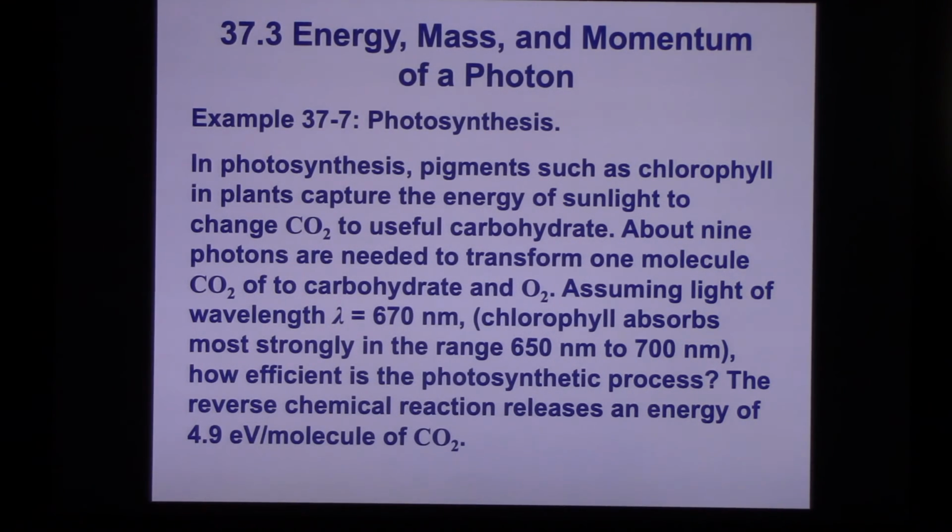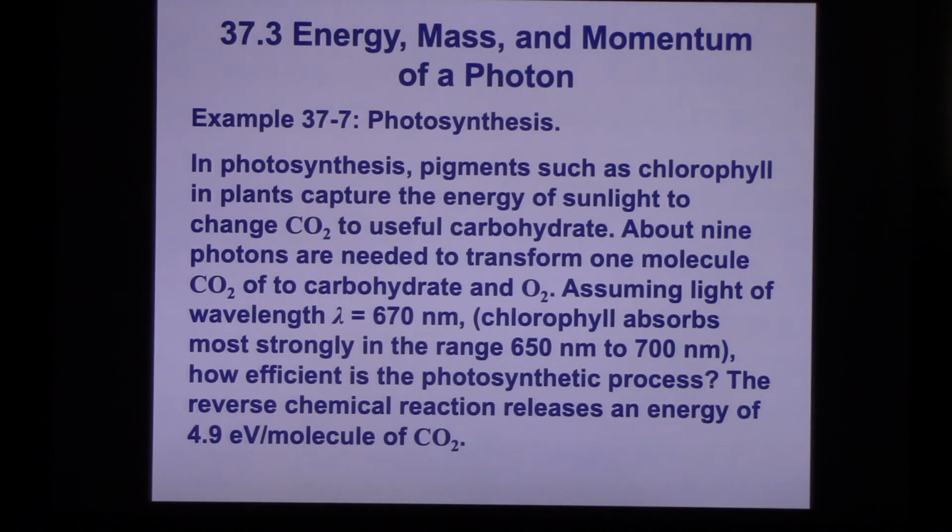Now it says here that we need about 9 photons to convert a carbon dioxide to a carbohydrate and then release oxygen. Now it says that the light that the plants are using is 670 nanometers, so it's looking at the absorption in the red end of the spectrum.